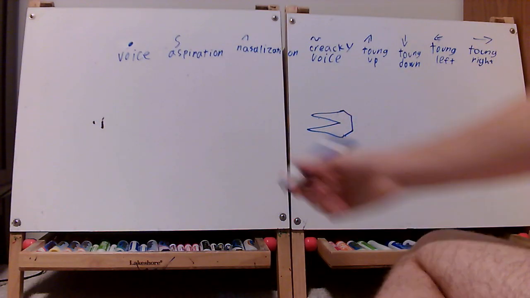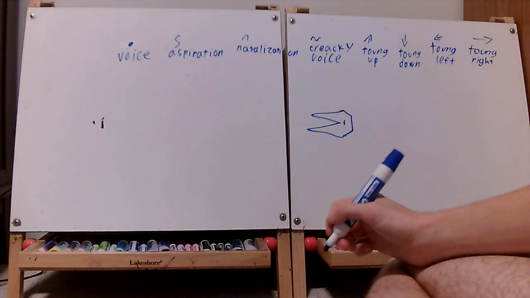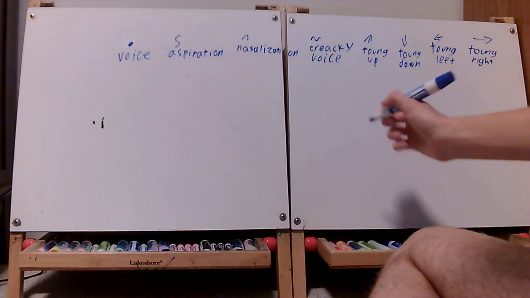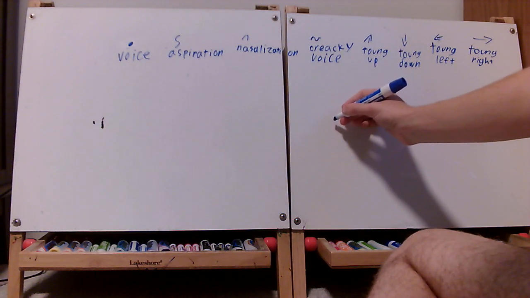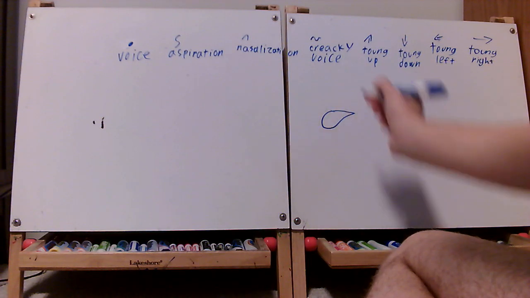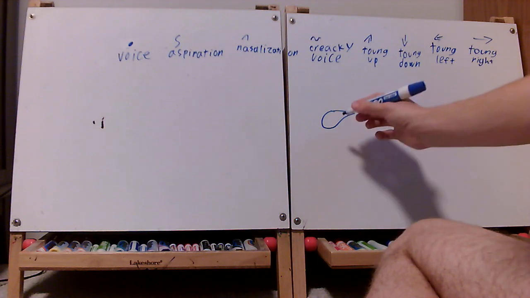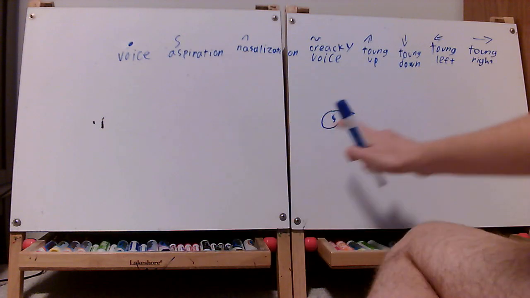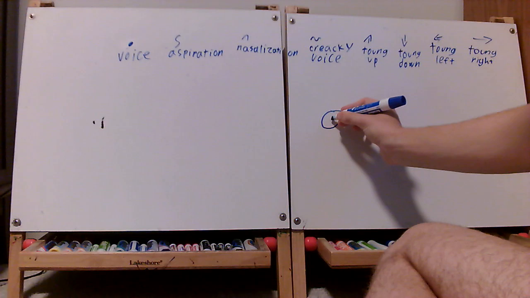We'll have like, so we already have the voice dot. We have 2, and like we can have like, let's go with this. So this is the voiceless alveolar plosive, and with aspiration. And we could also nasalize it.